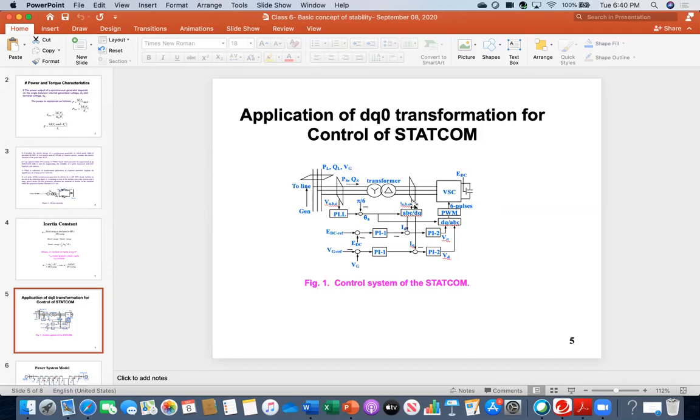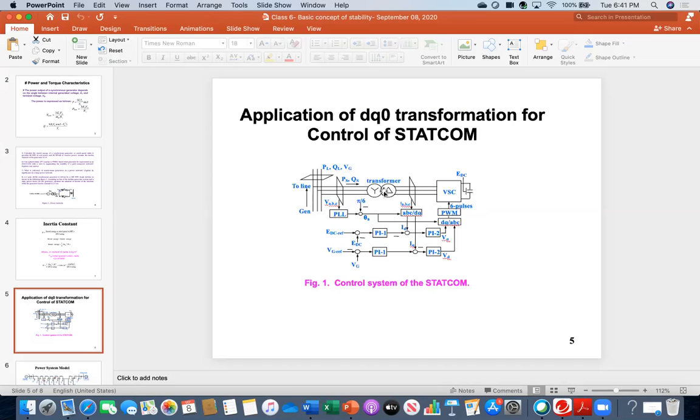STATCOM has a capacitor at the rightmost side, a small value, typically in the microfarad or millifarad range, not large. Then there is a voltage source converter and a transformer.